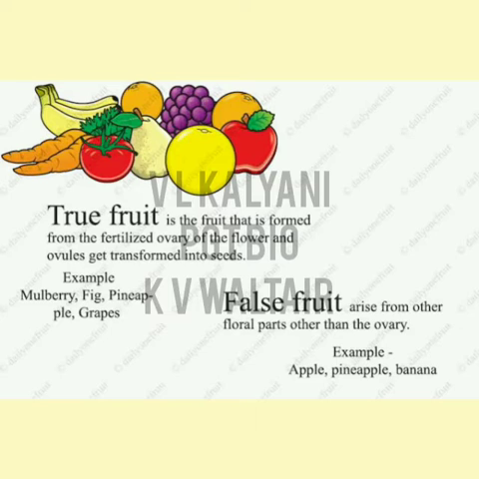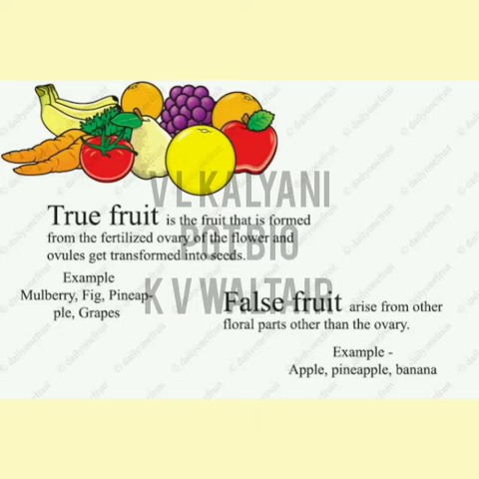In a false fruit, along with the ovary, even the thalamus contributes to the formation of the fruit. Then that is called a false fruit. Normal fruits are generally true fruits, whereas false fruits, for example apple, cashew, strawberry, all come under false fruits.